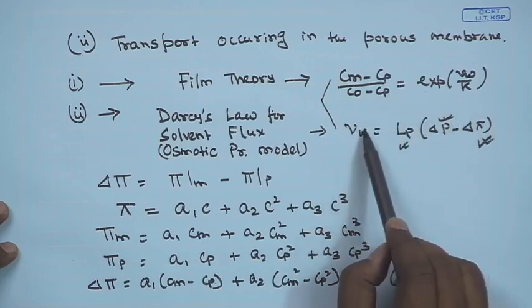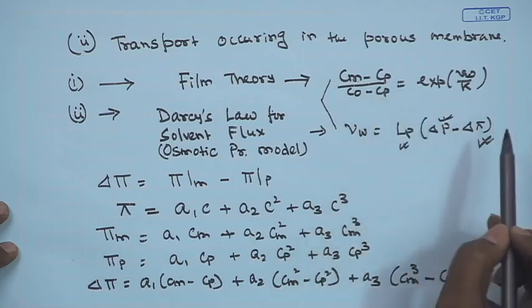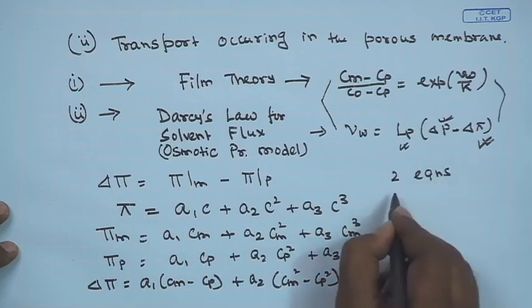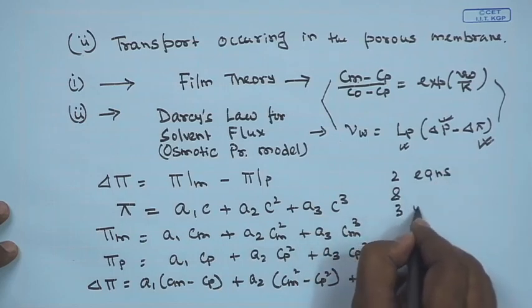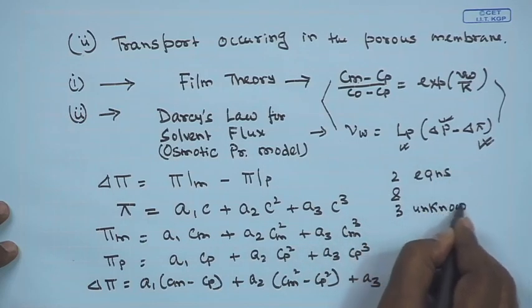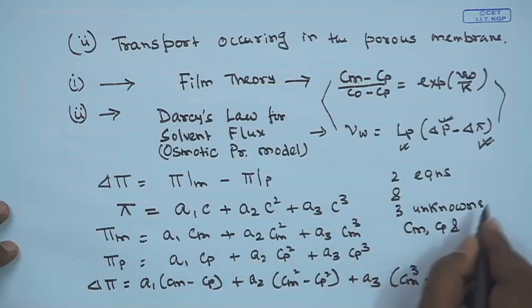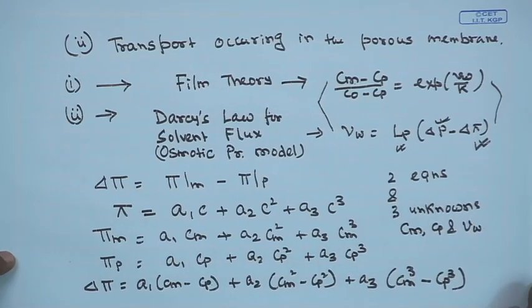Three unknowns: Vw, Cm and Cp, and two equations. So, I stop here in this class. In the next class, we will see how we invoke one more equation in order to solve this three unknown and three equation system. Thank you very much.